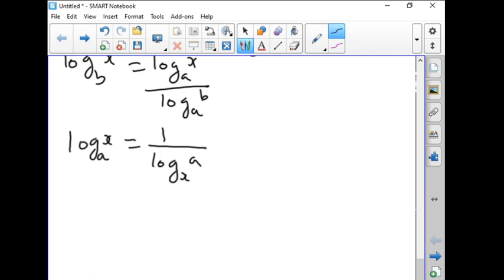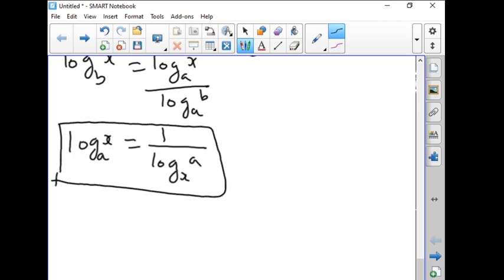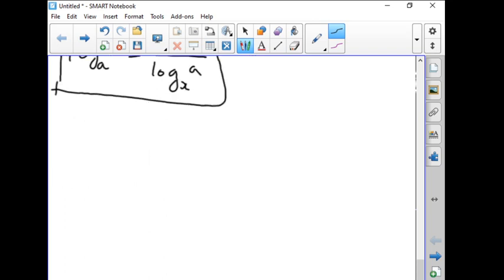This we will be using in doing problems. So see here, the base is converted into the value, both are interchanged, 1 by. So remember this.